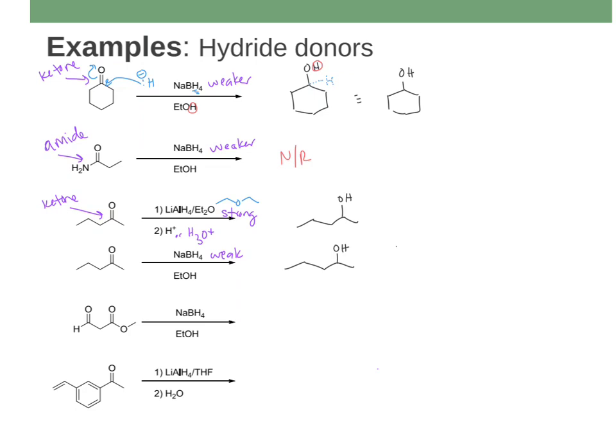Then I've got the sodium borohydride again, which is our weak one, which I want to keep in mind only donates one hydrogen and only works with certain functional groups. So over here I have 2 carbonyls, one aldehyde and one ester. And again, the borohydride only works with the really reactive ones, so aldehydes and ketones.